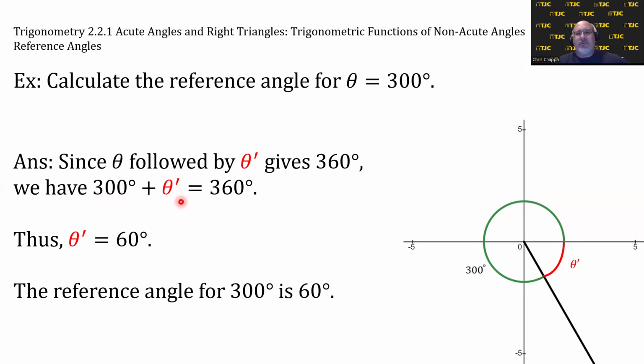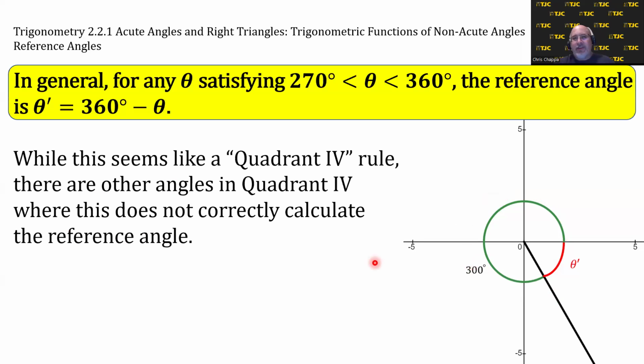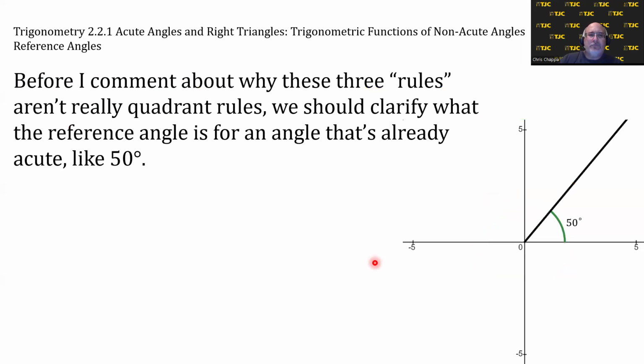So 300 degrees plus theta prime equals 360 degrees. Subtract 300 and we get that our reference angle is 60 degrees. And in general, for any theta between 270 and 360, the reference angle is 360 degrees minus theta. And again, this seems like a quadrant 4 rule, but there are other angles in quadrant 4 where this rule does not correctly calculate the reference angle.